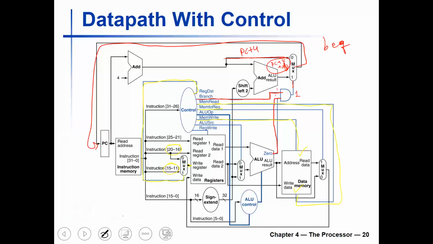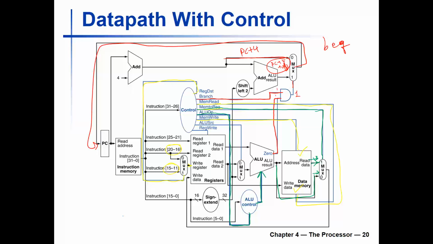Mem to reg here tells me that the data that would be saved in the register file is either coming from the ALU or coming from the memory. So we need to select for this multiplexer. ALU op comes from the instruction, and from it we can tell how to inform the ALU.